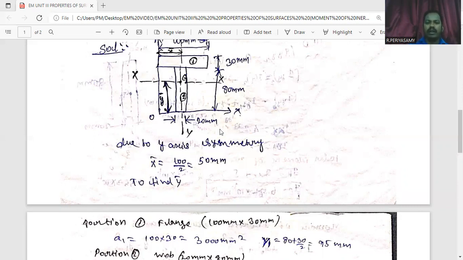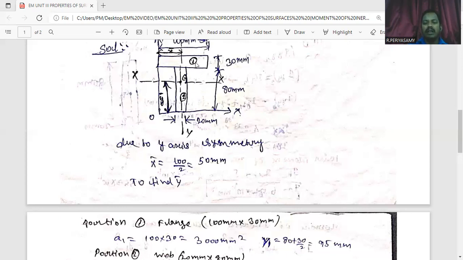Next, we have to find Y1. Y1 is the maximum vertical distance of the given component, component one. So its Y1 is its vertical distance divided by 2, that is 30 divided by 2. But the first component is placed on the second component, whose height is 80 mm.